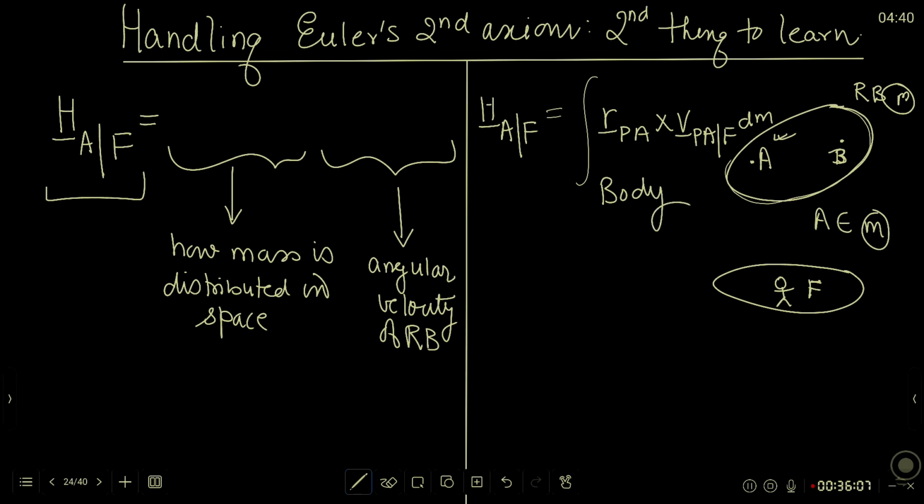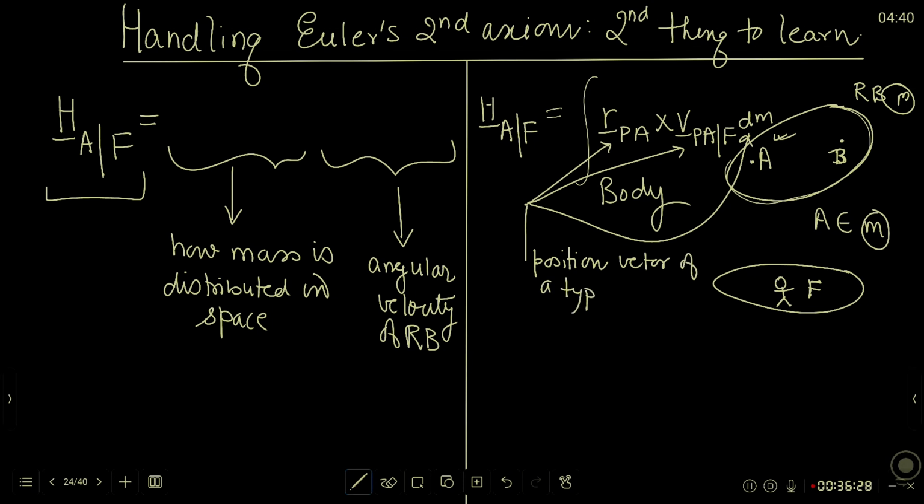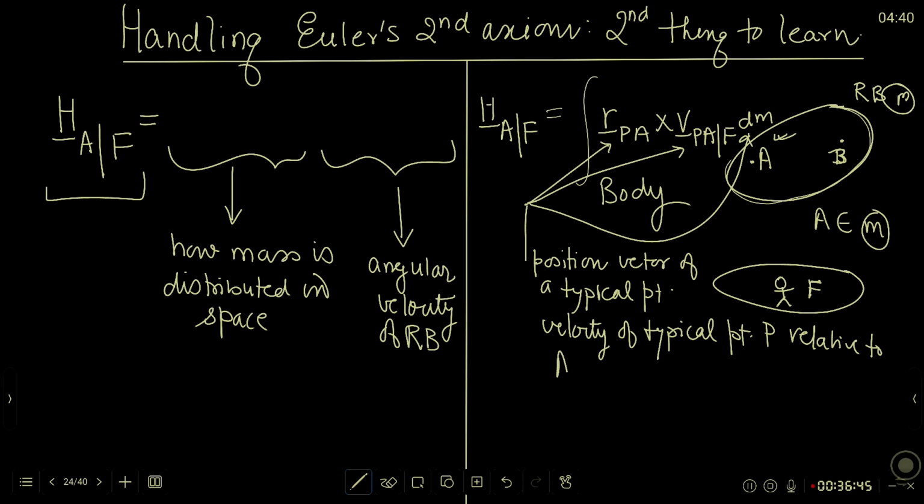First is the position vector of a typical point. Second is velocity of typical point P relative to A and with respect to frame F, right? And the third type of quantity is, of course, mass, material mass, mass of the RB material.